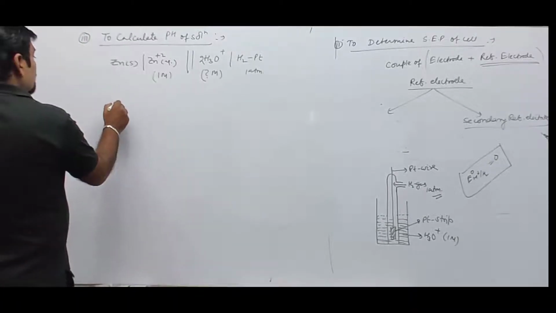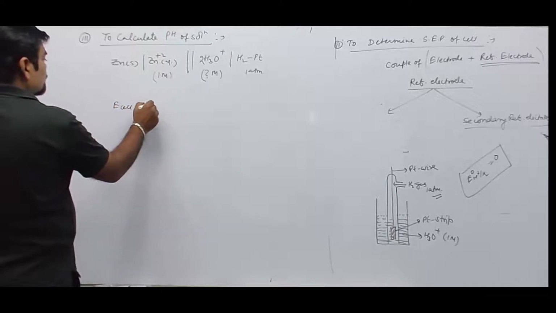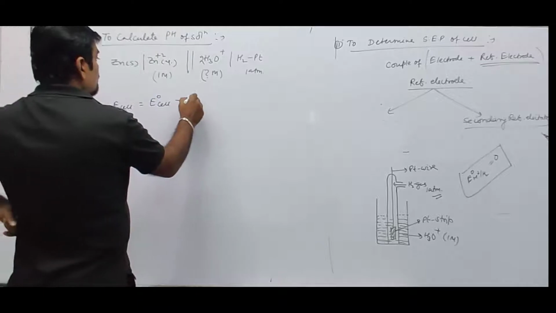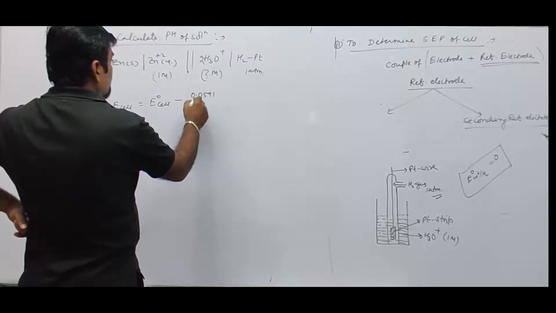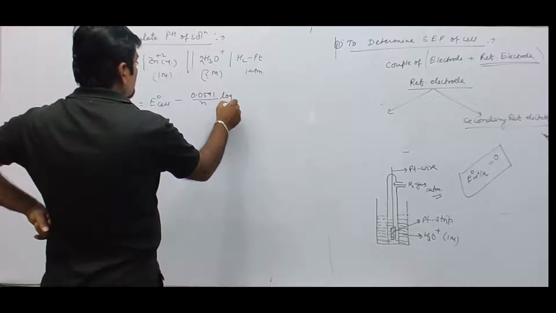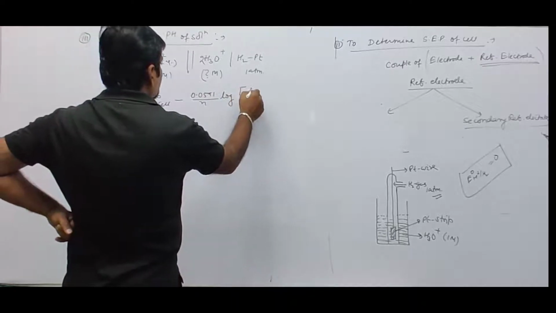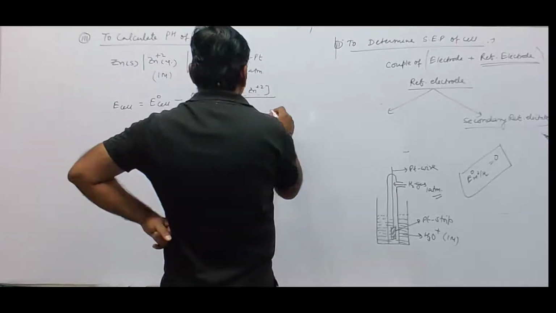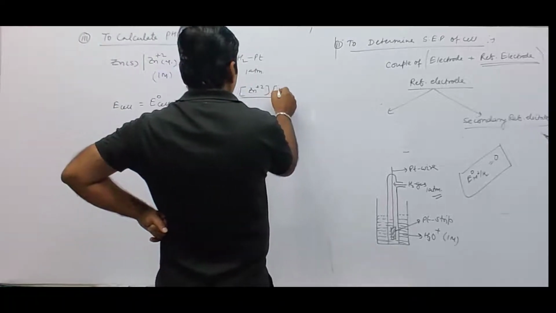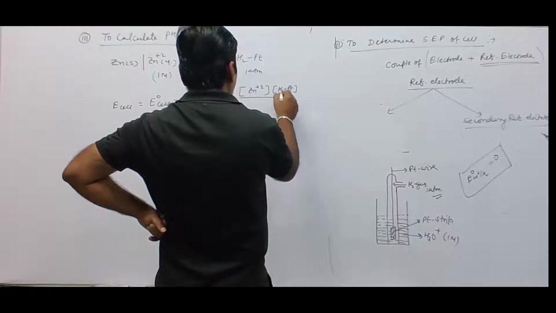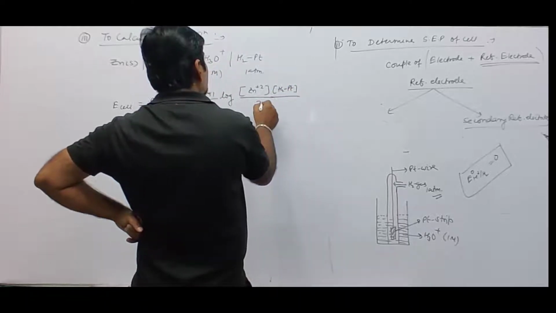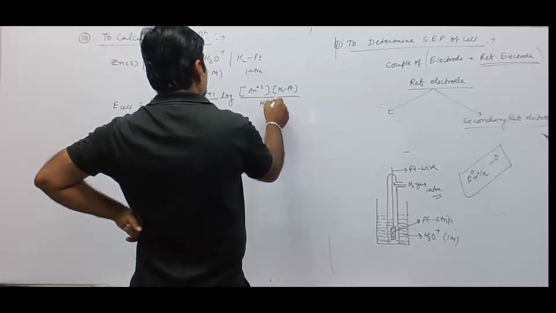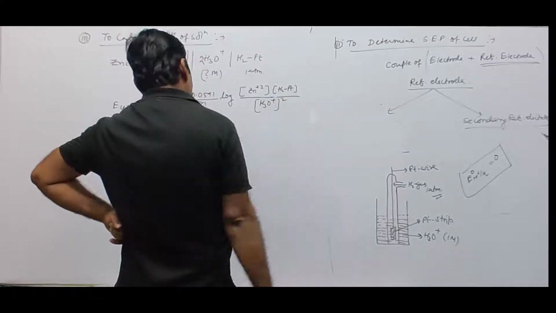Let's say EMF of cell is there. This is E naught of cell minus 0.0591 by n log base 10 concentration of product by concentration of reactant. So the product side is H2 and Pt, divided by H3O+ concentration power 2.